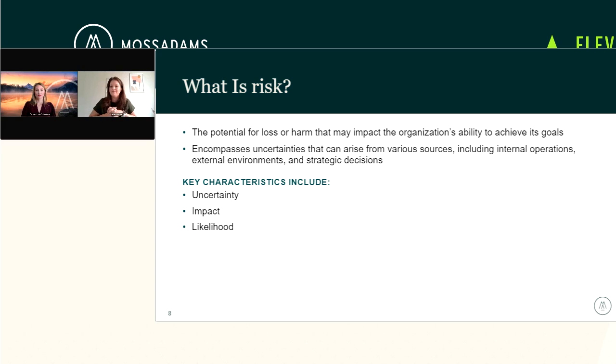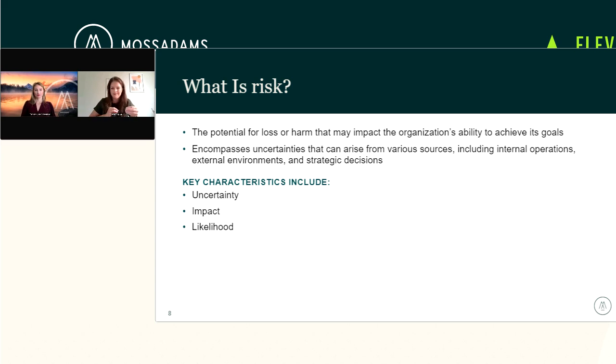For the purposes of thinking about enterprise risk management and this presentation, we're defining risk as the potential for loss or harm that could impact your organization's ability to achieve its goals. So basically, these are the things, the events that could get in your way of being able to achieve what you're trying to achieve as an organization.